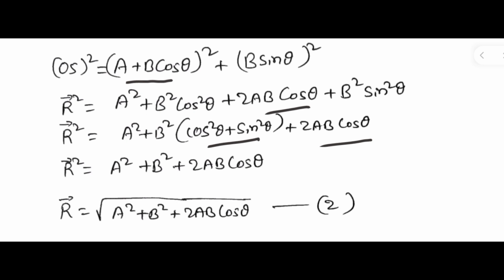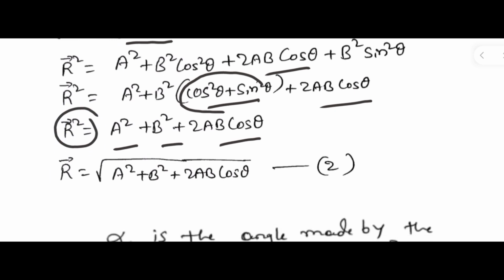According to trigonometric identities, sin square theta plus cos square theta equals 1. So this term becomes 1, plus 2AB cos theta.